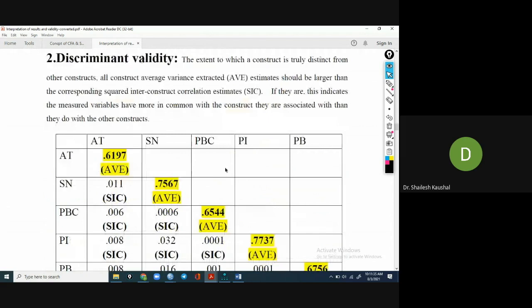And after that we find the discriminant validity. Discriminant validity means the extent to which a construct is truly distinct from other constructs or not. So is attitude completely distinct or unrelated to the subjective norm, PBC, purchase intention, and purchase behavior?